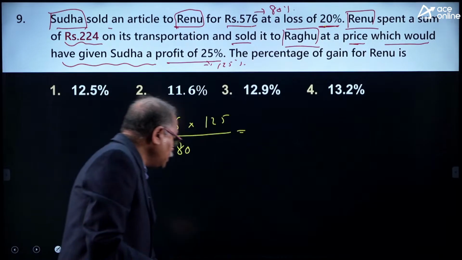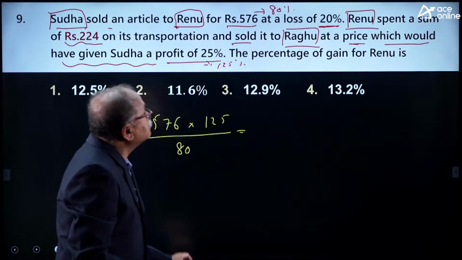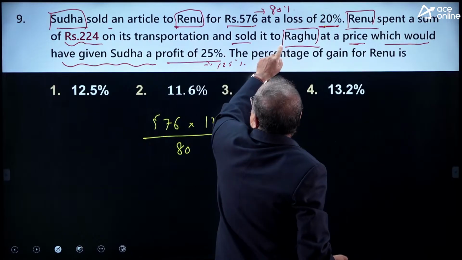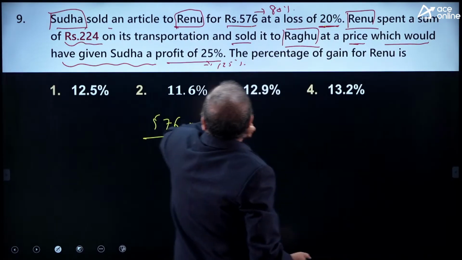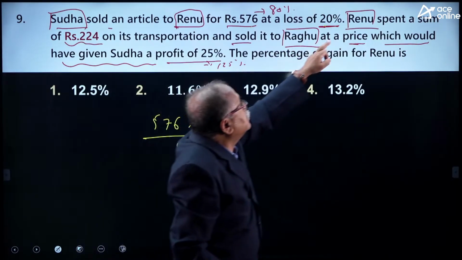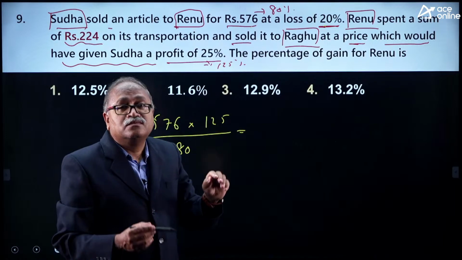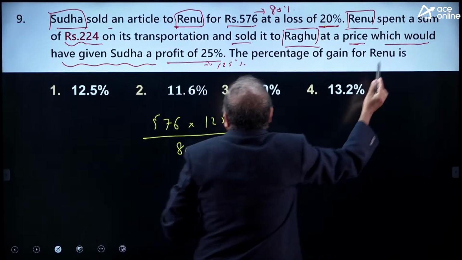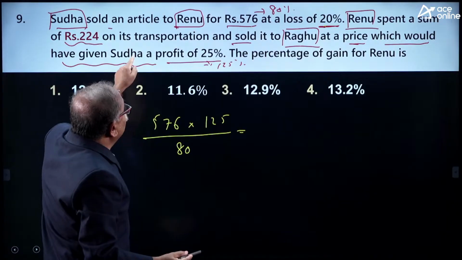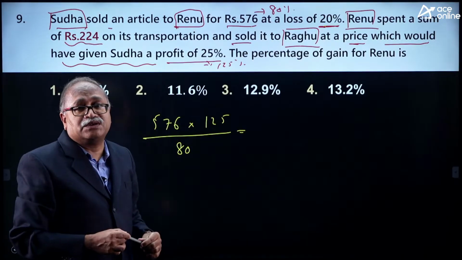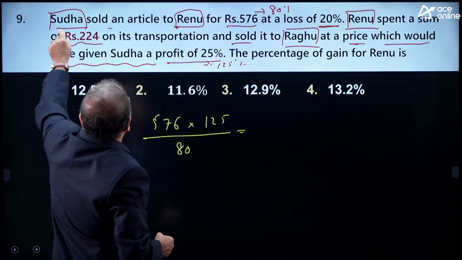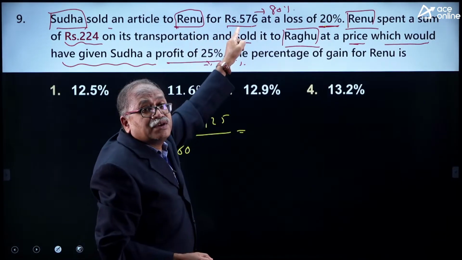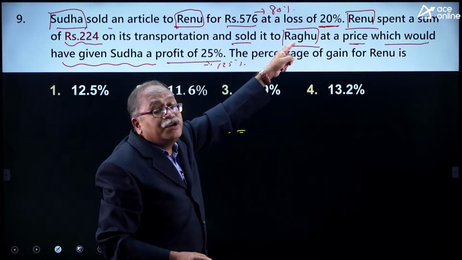Now, allow me to explain this. At what price it is sold to Raghu by Renu, I do not know, but I have some narration about it, that it is at a price which would have given Sudha a profit of 25%. Sudha sold to Renu for 576 with a 20% loss.